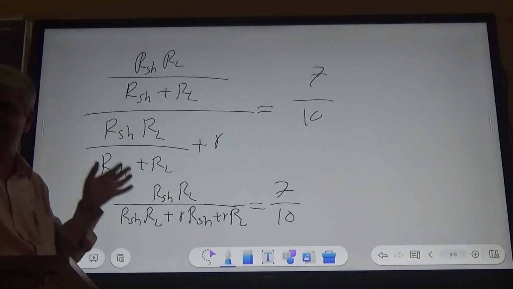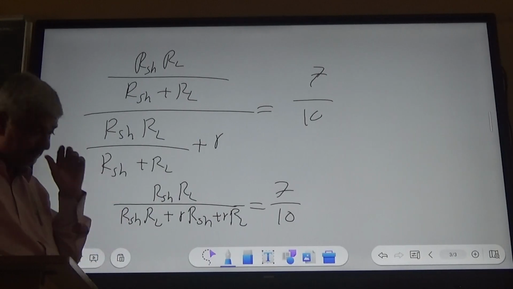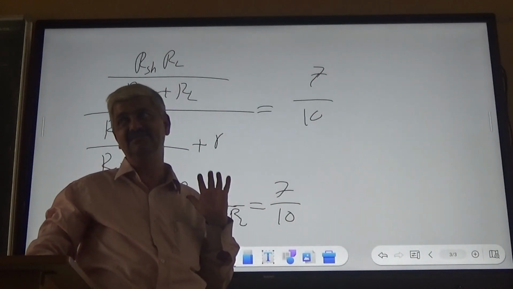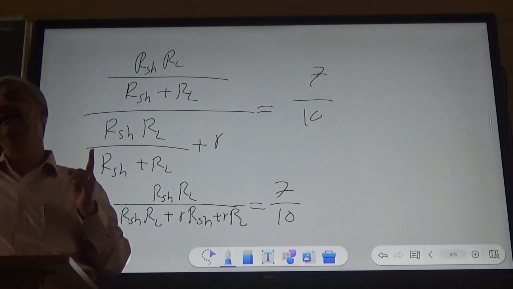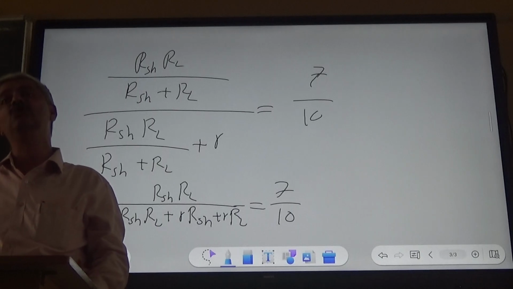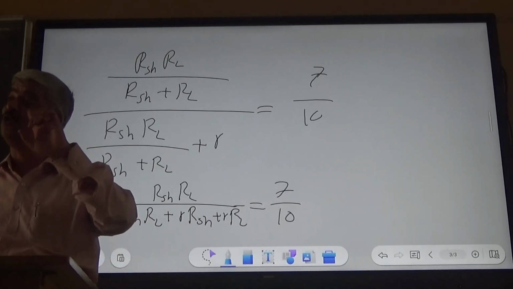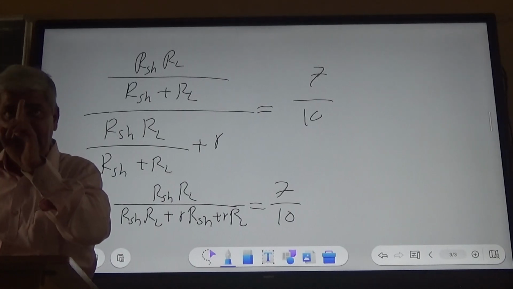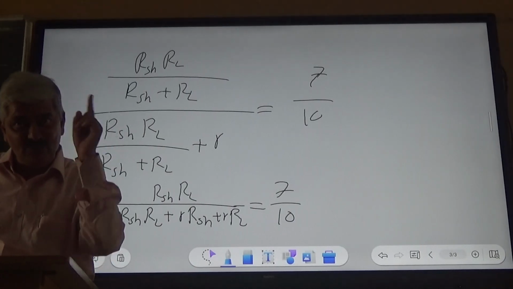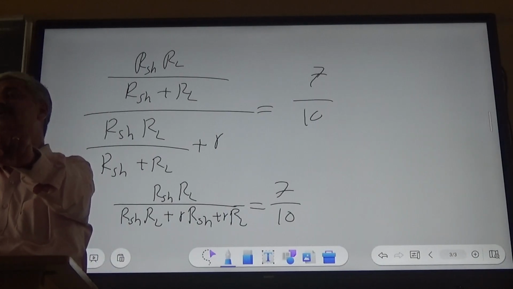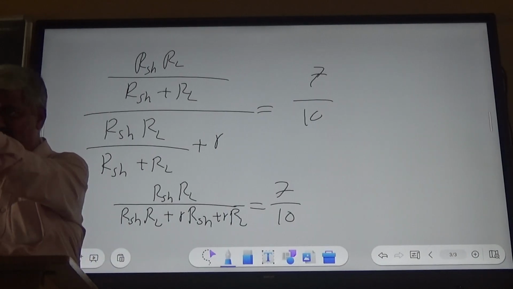Now I think we should not waste time here. Is it okay? But the ultimate, what is the limit? The ultimate limit is that there is a minimum value of RL, means maximum load value. I again repeat, minimum value of RL below which it can't go, because if an attempt is made, regulation will fail.